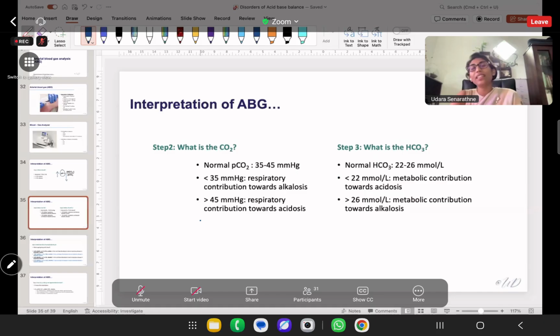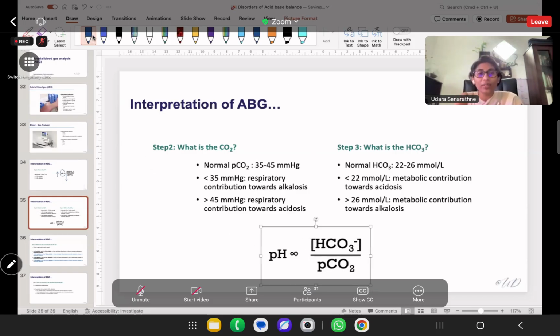Once you identify that, then you have to understand which component is contributing to this acidosis or alkalosis. How do you work that out? As I said before, pH is directly proportional to the metabolic component, whereas indirectly proportional to the respiratory component.